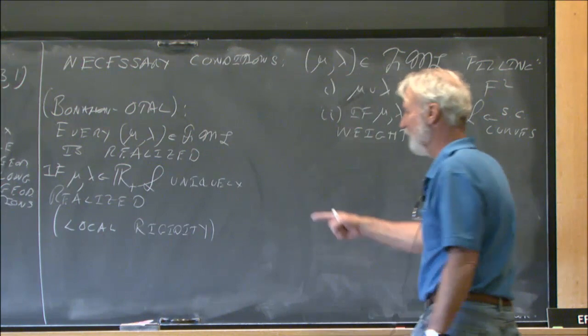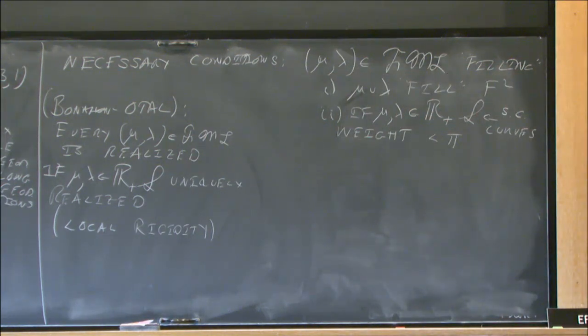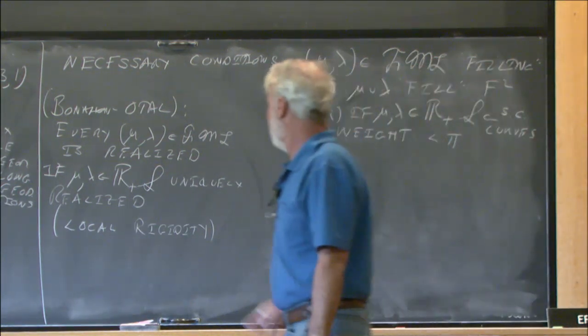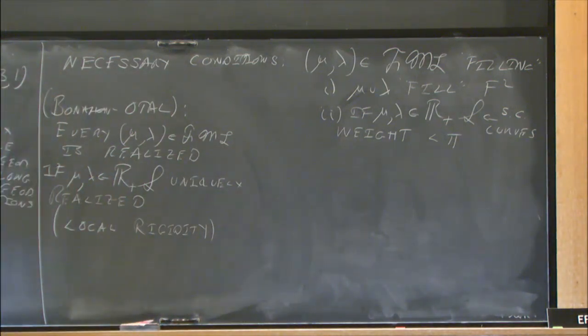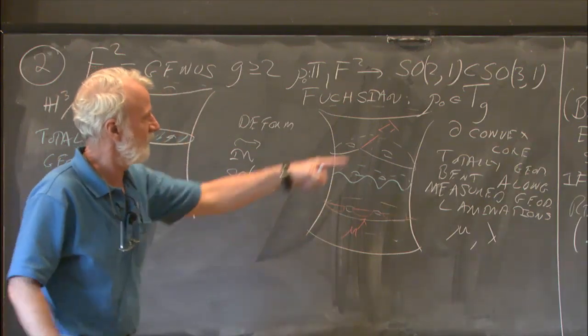But at any rate, just to show I do know how to spell it. Actually, using that and some of their deformation theory, I can prove that, in fact, they're sort of unique here. OK, so we have lambda and mu, and with these provisos you can realize any pair with these conditions.